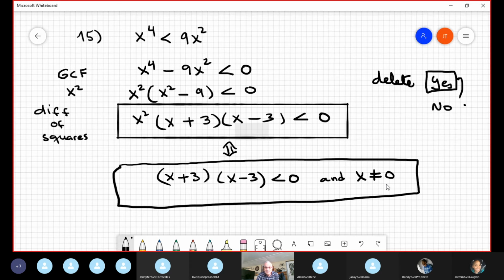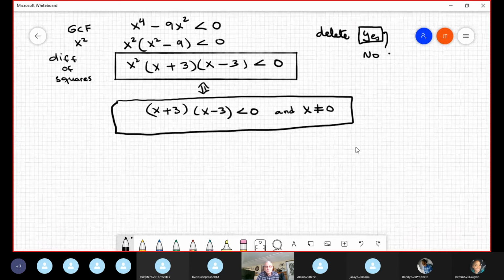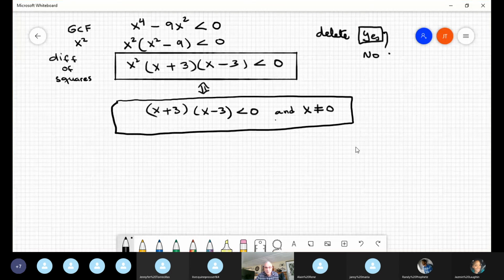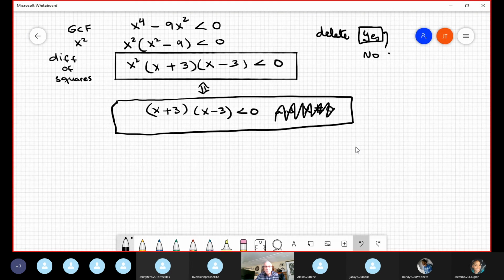The practical thing is that you forget temporarily that part. We focus on the inequality part and solve that, and after you know that the final answer contains a hole at 0. So my recommendation is ignore for a moment that part, but you keep it in mind. And you copy this inequality.